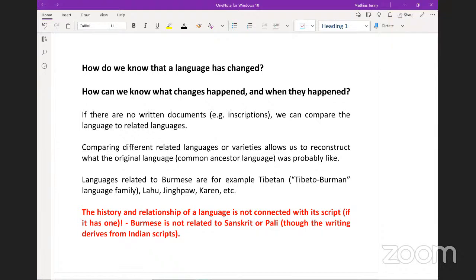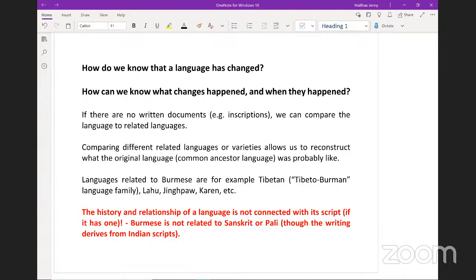So if you see sound correspondences, as we saw in English, F always corresponds to Latin P, for example. And if we know that Latin and English go back to the same origin, to the same mother language, then of course we can see that something must have changed to make this F and P difference.